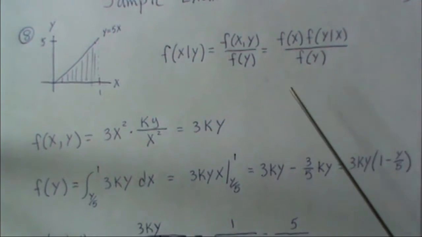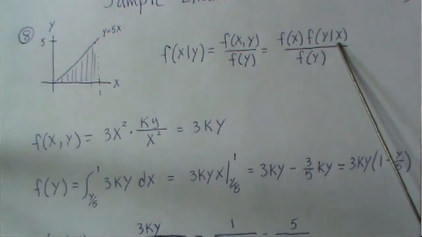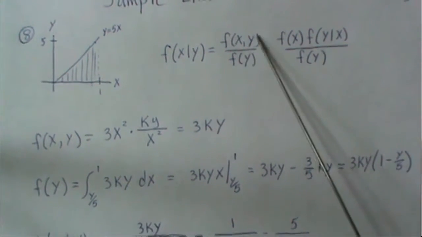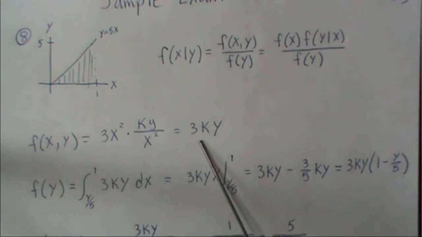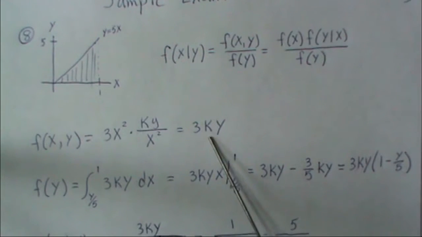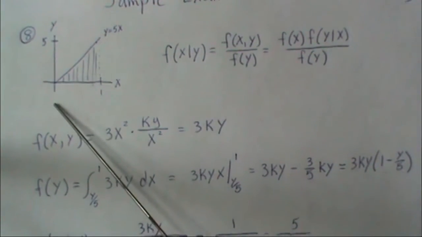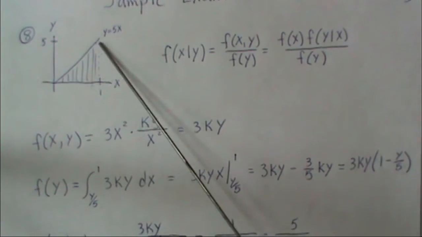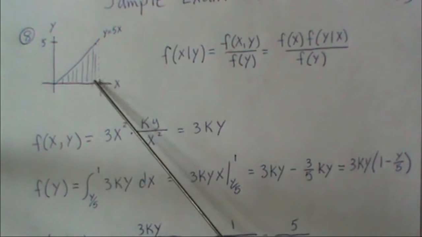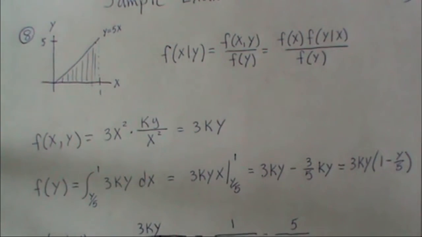We're given f of x, and we're given f of y given x, which is this joint distribution, which is this right here. And here is our range: x is from 0 to 1, y is from 0 to 5x, which means we're in this region here. This is going to be important when we integrate in just a second.